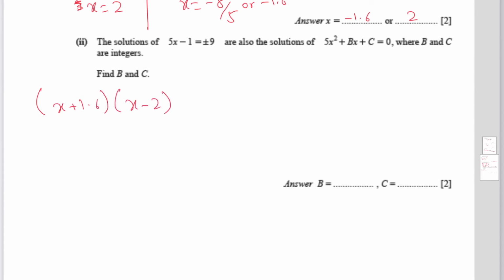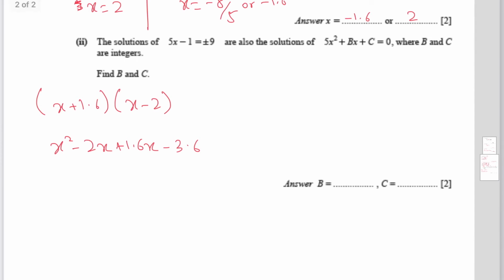When we expand this, we get x squared minus 2x and then plus 1.6 times x is plus 1.6x and then 1.6 times negative 2 is, wait, it's not negative 3.6. 2 times 1.6 is 3.2.